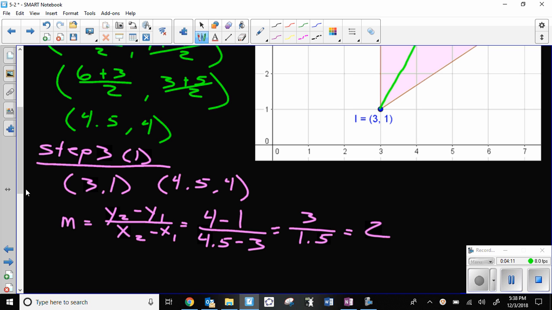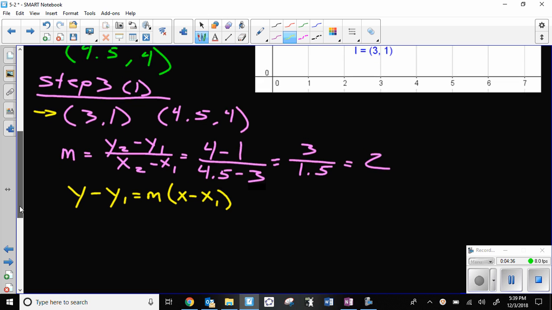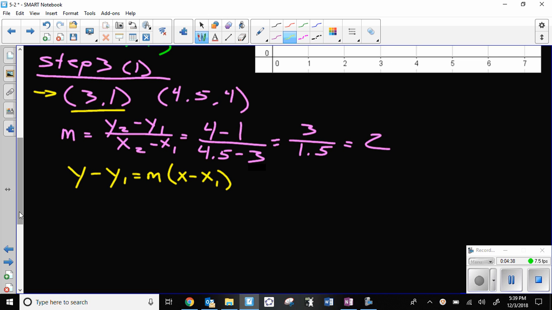Next, we need to identify whether either one of these points is going to be considered the y-intercept, and we know it's not because it is not in the form of 0, comma, anything. So we're going to write our equation using point-slope form. y minus y1 equals m times x minus x1. And I'm going to use the point 3, comma, 1 to write this.